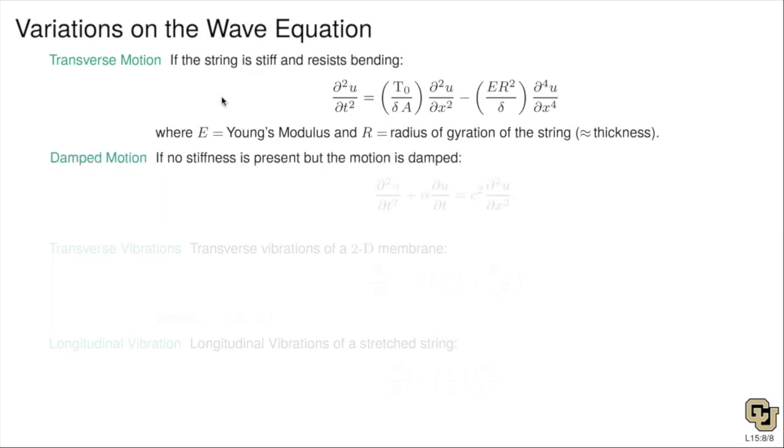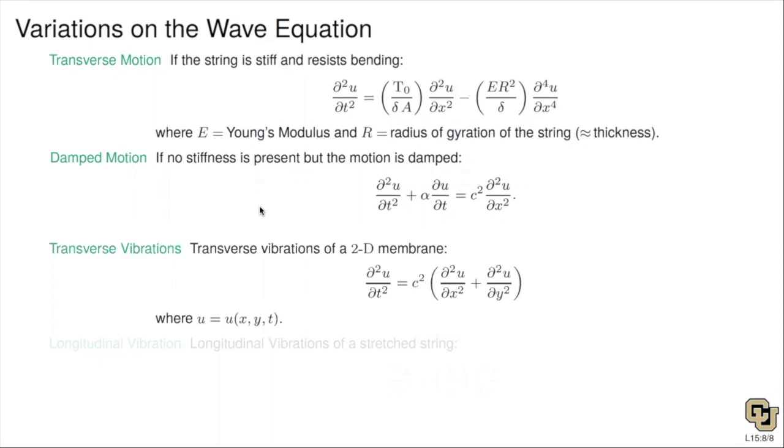It's about whether you have transverse motion, whether you have stiffness and resistance to bending. In this case, you incorporate Young's modulus, and here R incorporates the thickness of the string. Here you have damped motion, where you're plucking the string, and maybe you've got a finger on the string, and it's damping the motion. So there's a damped motion term here.